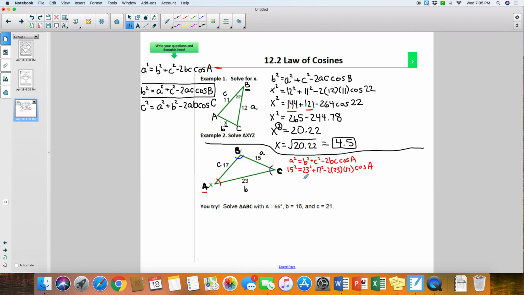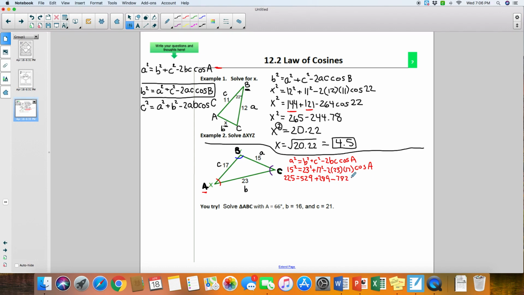So now I am going to simplify. 15 squared would give me 225. 23 squared would give me 529. 17 squared would be 289. I'm going to do 2 times 23 times 17, which will give me 782.